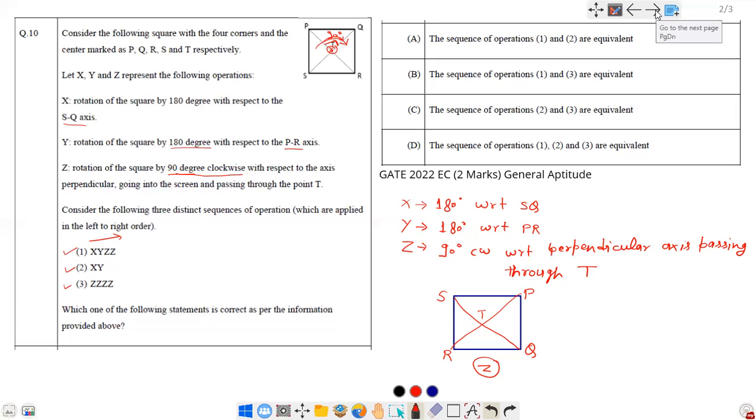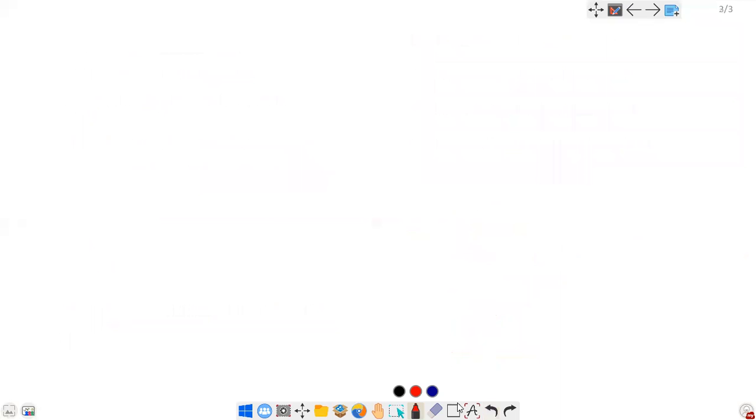The actual square is this, as given, with corners P, Q, R, S, and this is the center T. So our sequence is X, Y, Z, Z. This is the first sequence given, so we have to apply the operations.